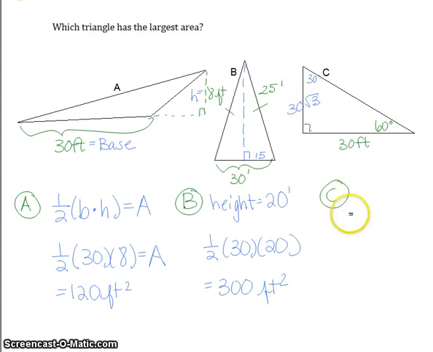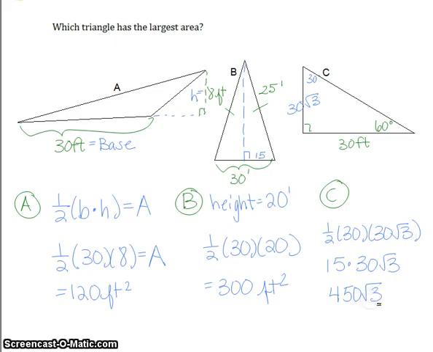So our area is going to be half 30 times 30 root 3. Now, of course, if we were going with exact, you can say, okay, that's just 15 times 30 root 3, so 450 root 3, which certainly is the biggest one.